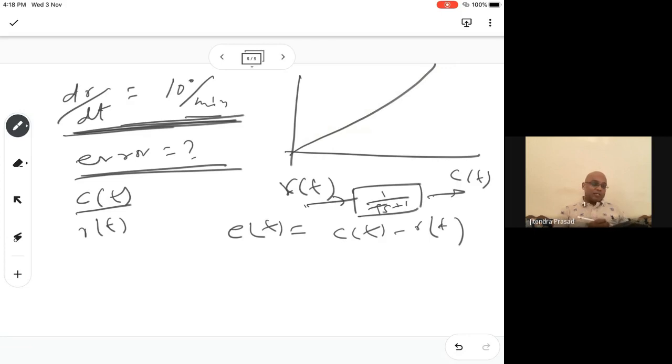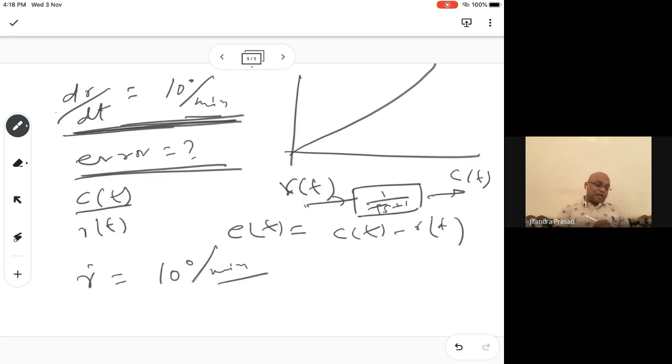How is our input changing? Our rate is given. So R dot is equal to 10 degrees per minute, let us say. Let's assume minute is our unit, so we don't need to actually change it to seconds. It's fine because our time constant is also in terms of minutes only.